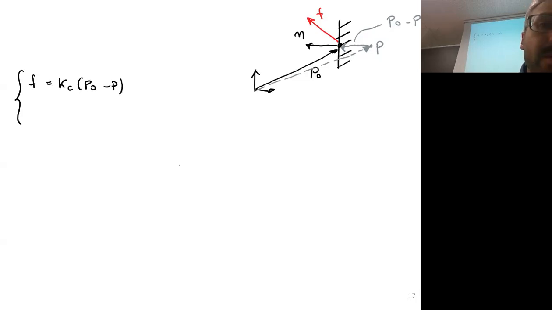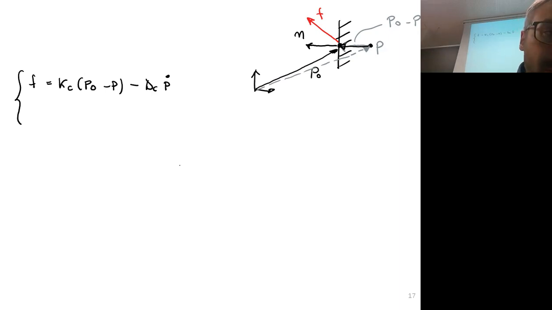P0 is the position of the environment, P is the position of the end effector, that in this case is inside, and you see that P0 minus P is a vector like this, and so we have a contact force coming out from the environment, plus minus, because the damping is proportional to the velocity, the rate of change of the position of the end effector.